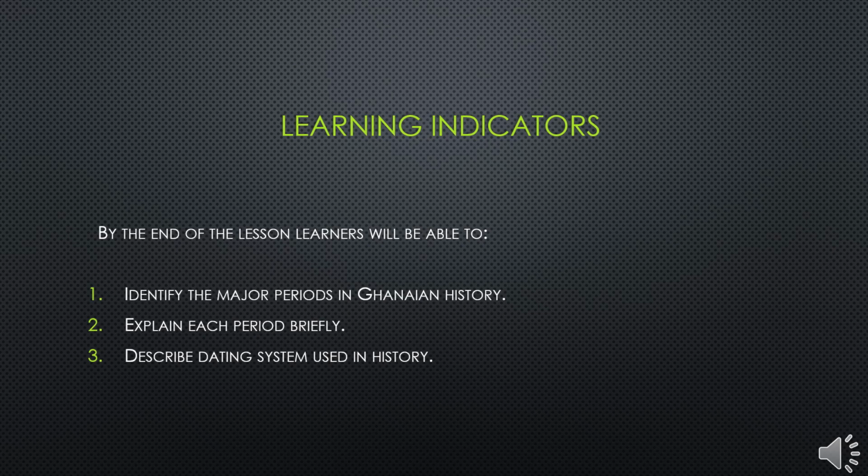You are going to identify the major period, what happened, what period. You are going to explain them, and then you also describe the dating system used by the historians in their write-up.